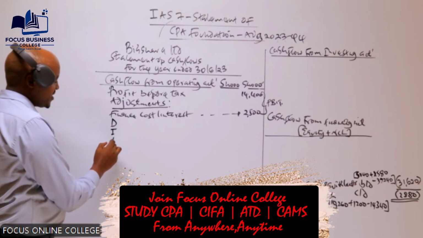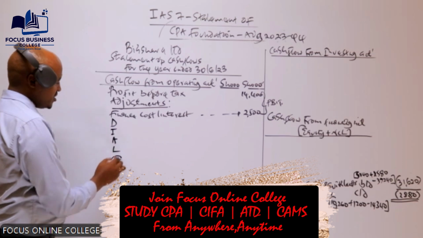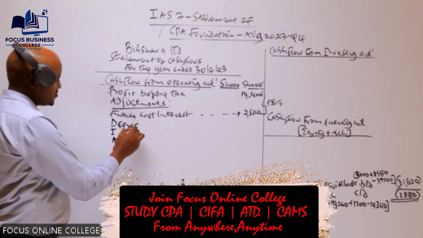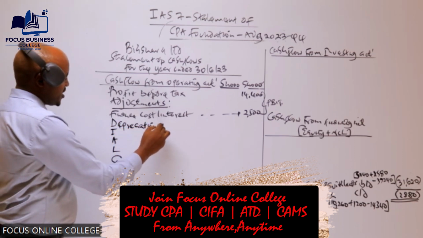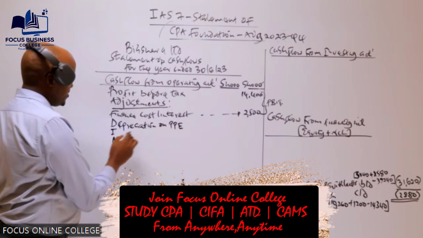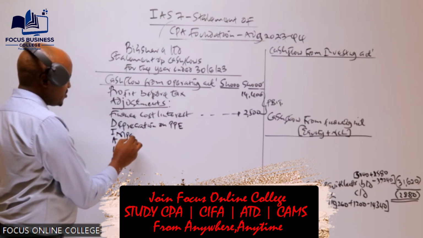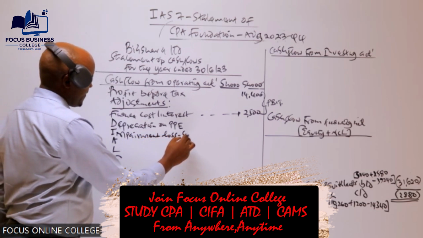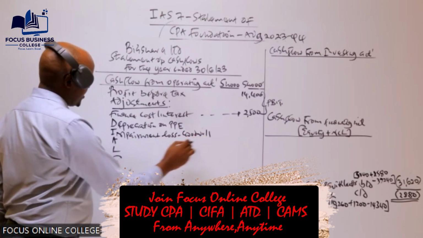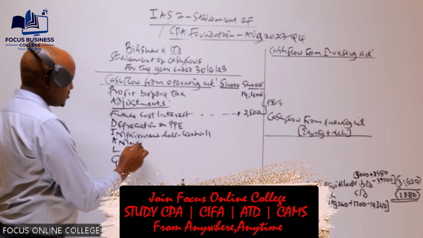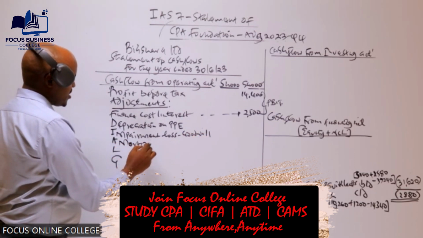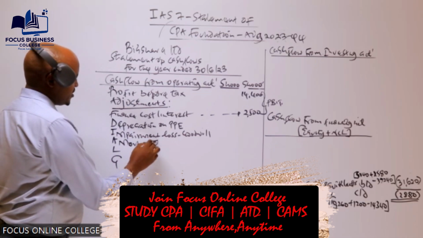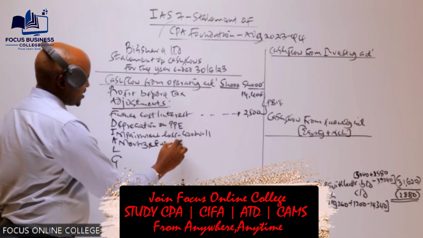We just need to remember this acronym, the DIAL-G. This stands for depreciation on property, plant, and equipment, PPE. This one stands for impairment loss on goodwill. And basically this one stands for amortization of intangible asset.